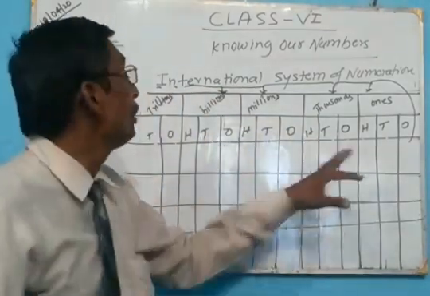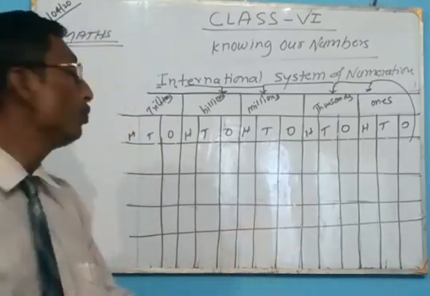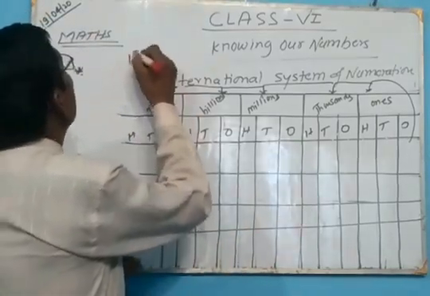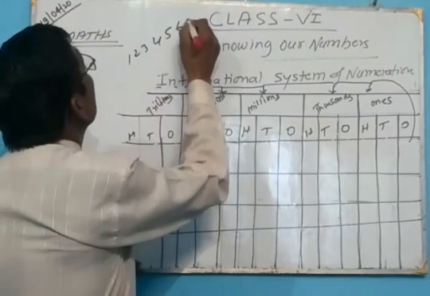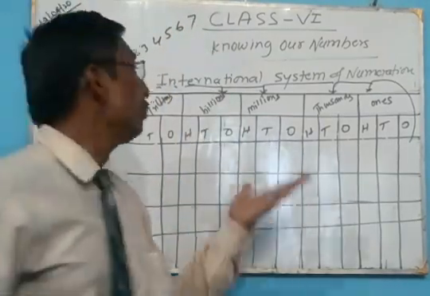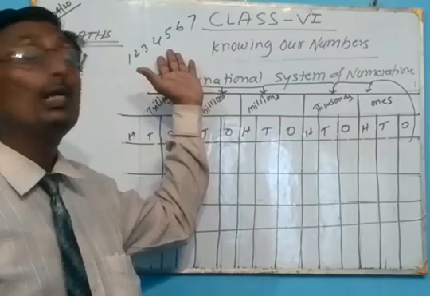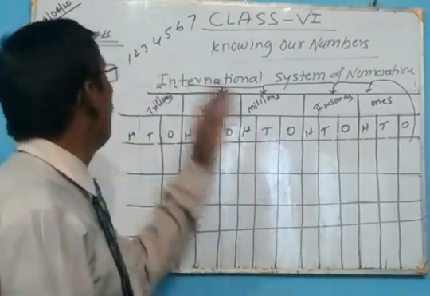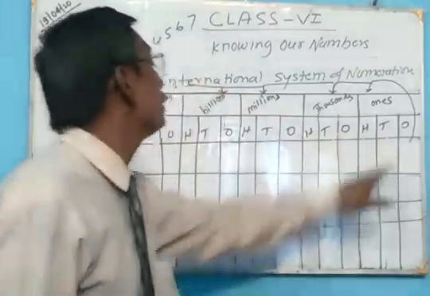How can we represent a number? For example, we have the number 1, 2, 3, 4, 5, 6, 7. How can we represent this number in this chart?